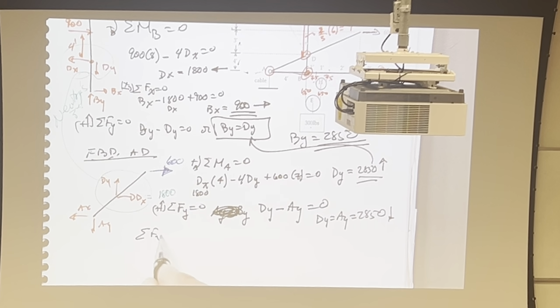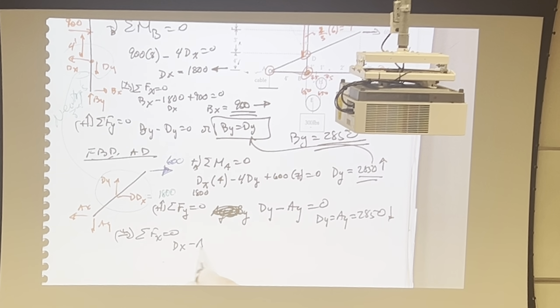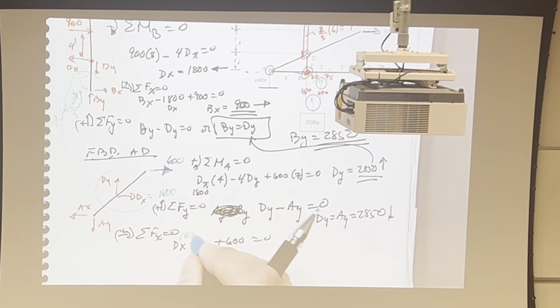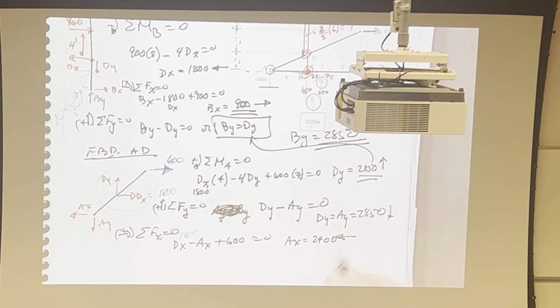Sum of forces in the x equals 0, positive to the right, dx minus ax plus 600 equals 0. We know this is 1800, so ax is equal to 2400, and it is to the left.